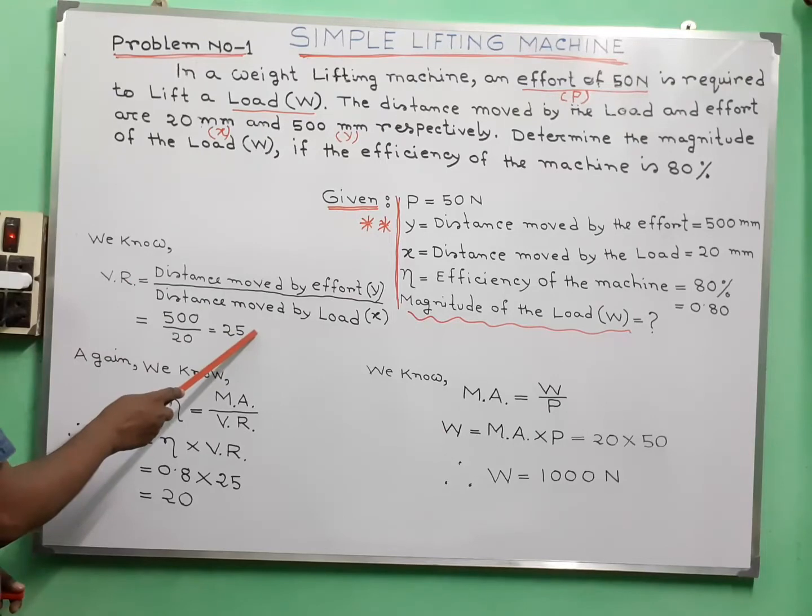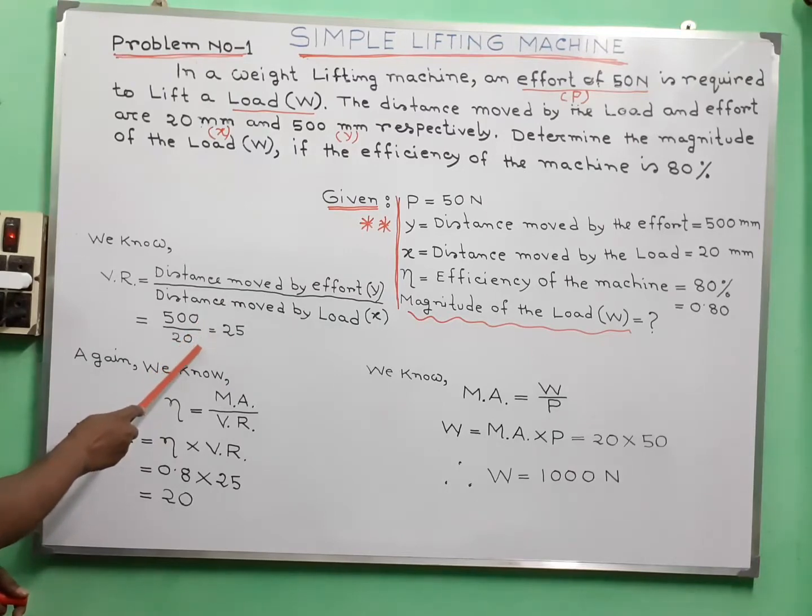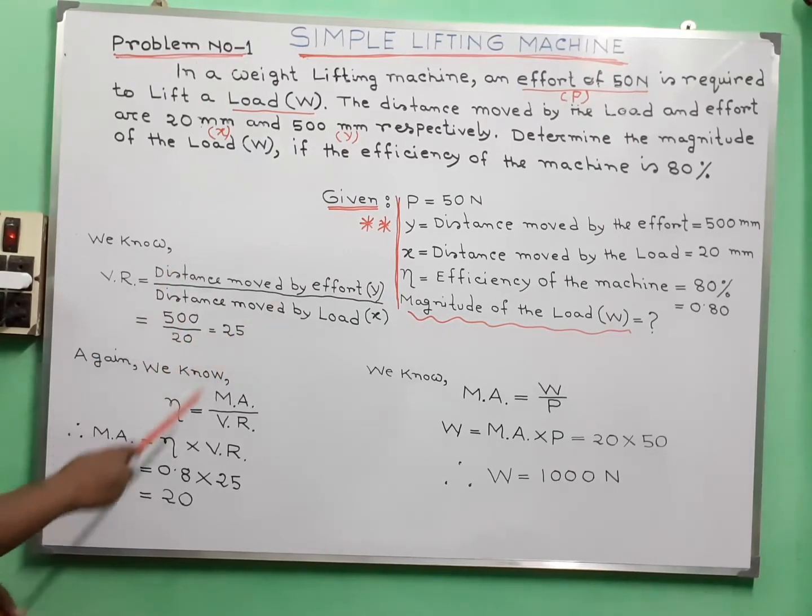Velocity ratio has no unit, millimeter by millimeter, so there is no unit.